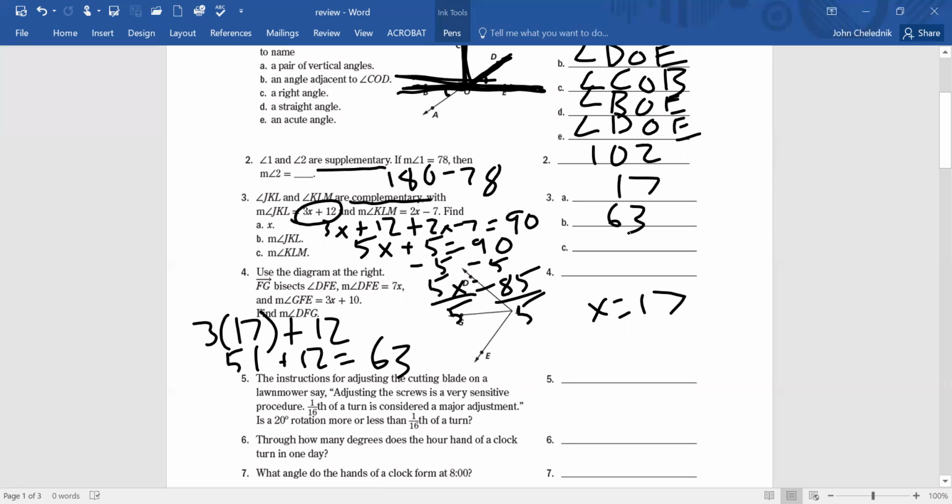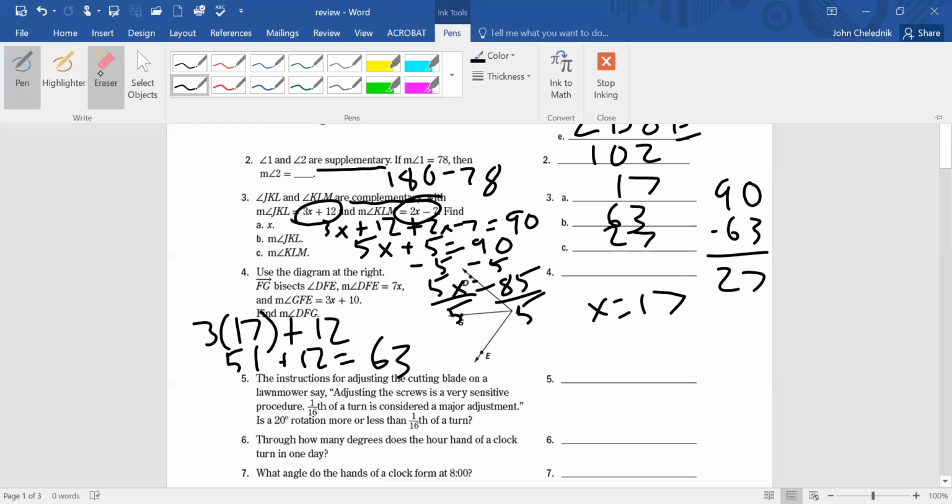Now, the other angle, remember, these were complementary angles. So to solve it, I'll just take 90 minus 63 because they're complementary. And it gives me my answer of 27. If you wanted to check that, you could plug 17 in for x into this expression. But I promise you, you will get 27 if you do that.